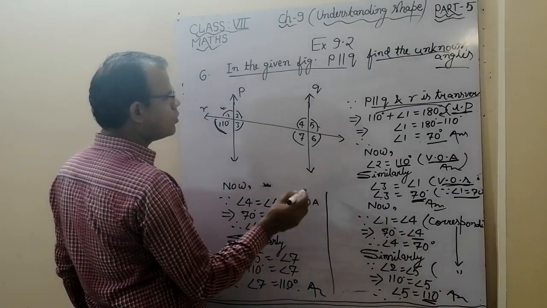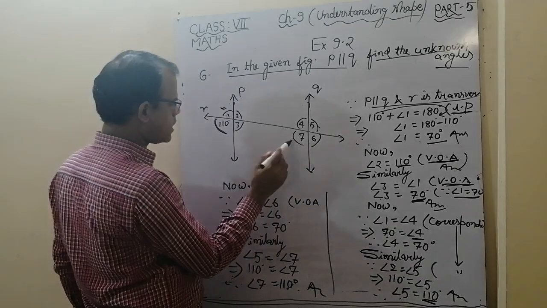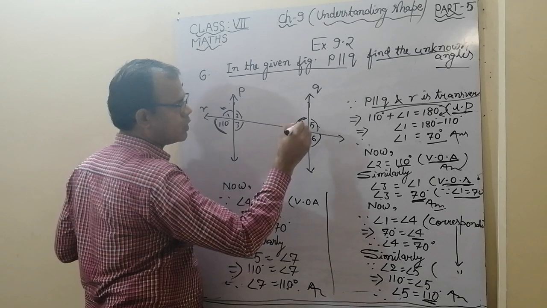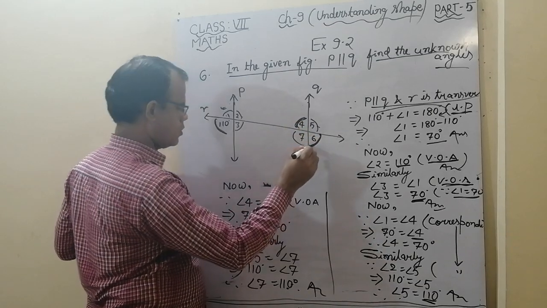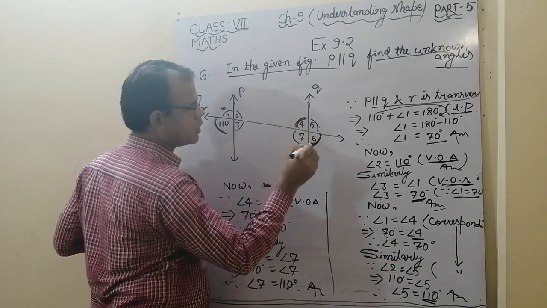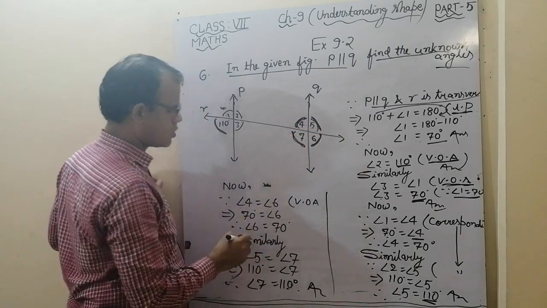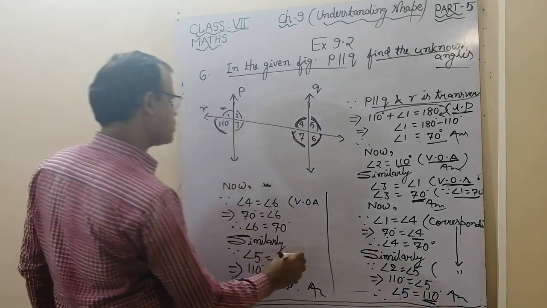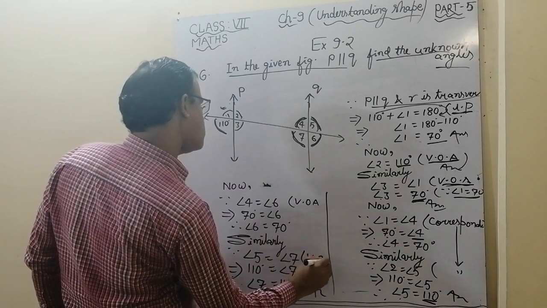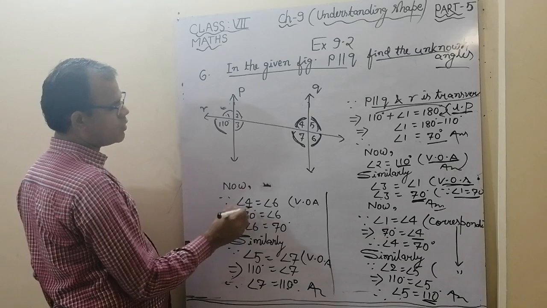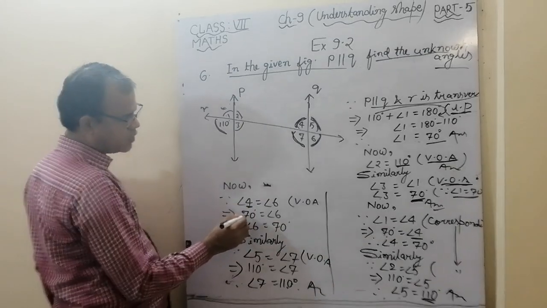So now we have to find out angles 6 and 7. So look here, this angle 4 equals angle 6. Why? Vertically opposite, and angle 5 equals angle 7. All same reason, vertically opposite angles. So angle 4 equals 6 means we put here the value of angle 4, that is 70 degrees.